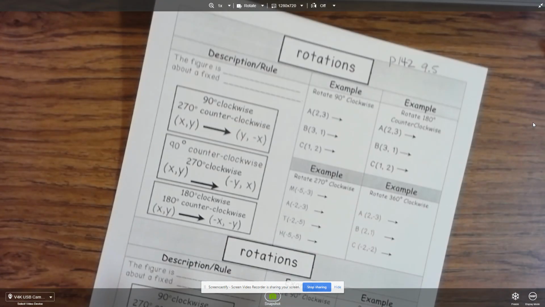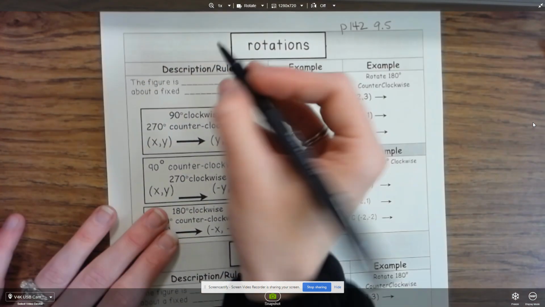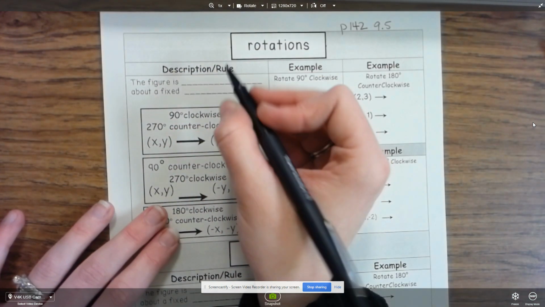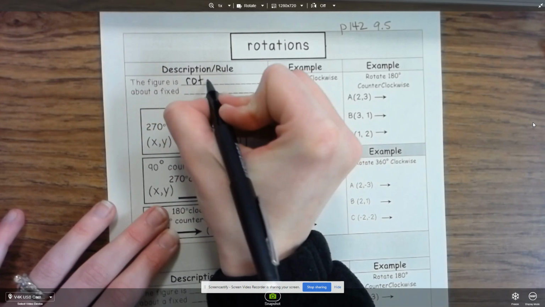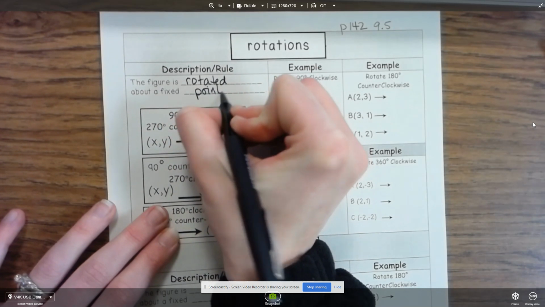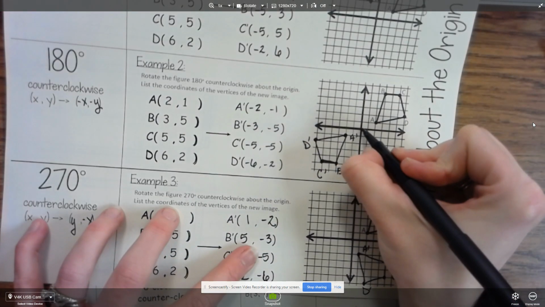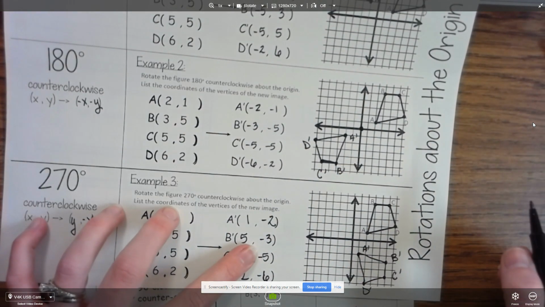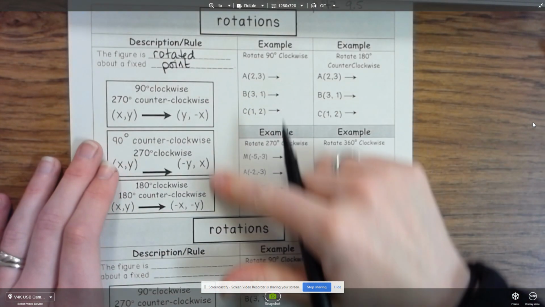All right, so on this next page, when we do rotations, the figure is rotated around a fixed point, and we always rotate about the origin. So when we rotate in 8th grade, we're always rotating right around the origin. That's always our center. And so again, here are your rules.